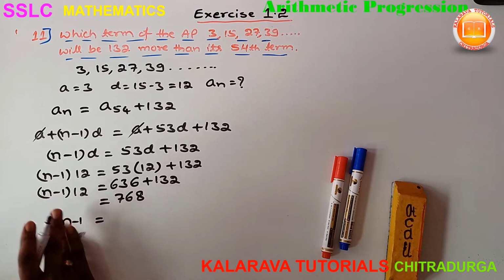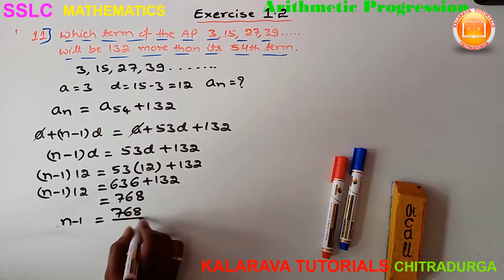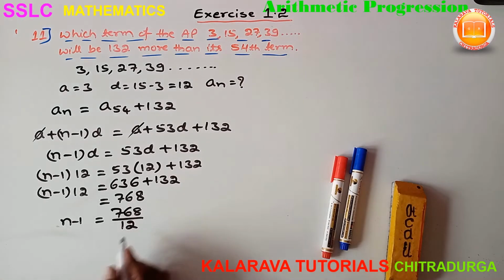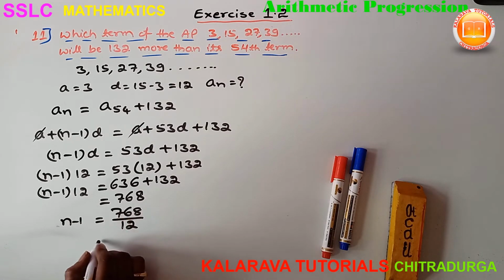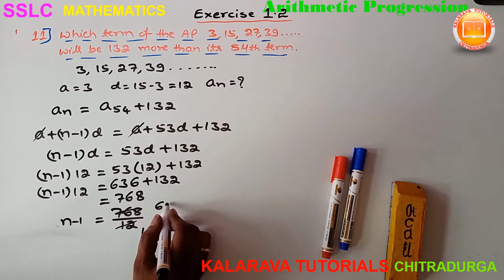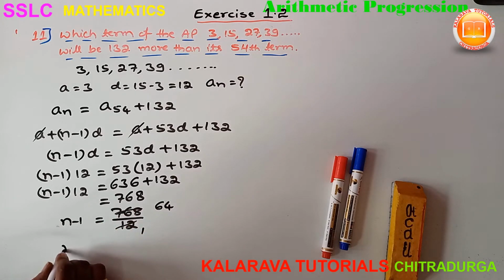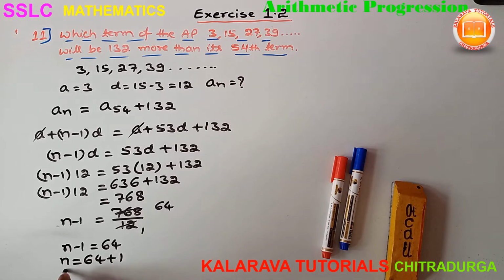Here it is not necessary to write the bracket, that is 768 divided by 12. Now we have to divide this one by 12. 12 sixes are 72, 48 is there, 12 fours are 48. Here n minus 1 is equal to 64. Now to transfer minus 1 to the right hand side, n is equal to 64 plus 1, that is n is equal to 65.